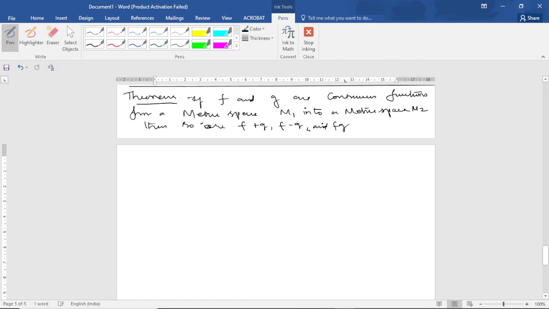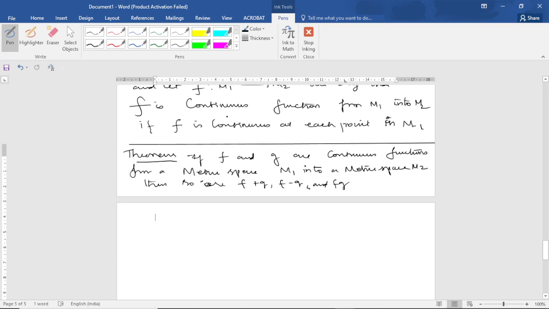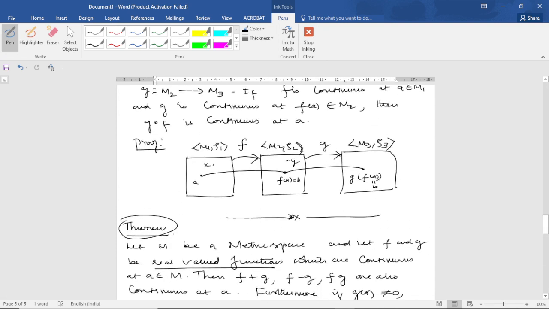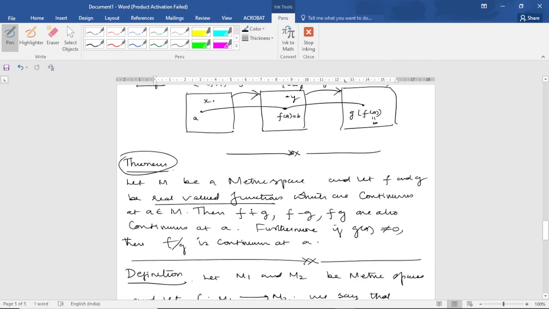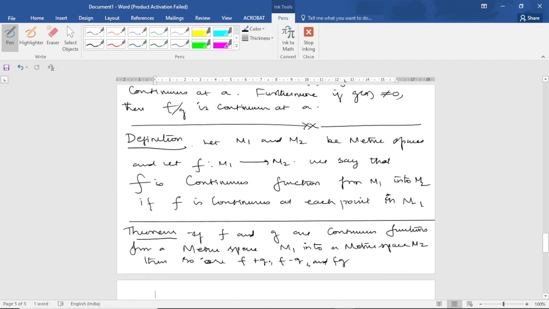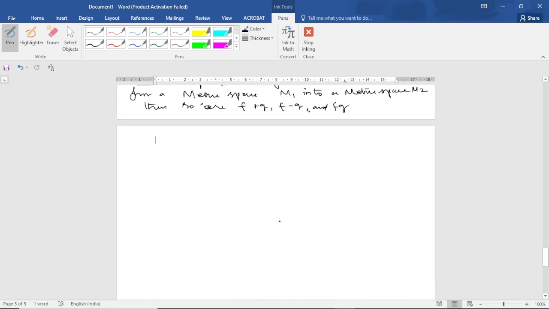And fg. If f and g are continuous functions, now it's not real valued, just continuous functions on metric space M1 into metric space M2. So in this proof, wherever we have used absolute value, we have to use the corresponding distance function. That's all.